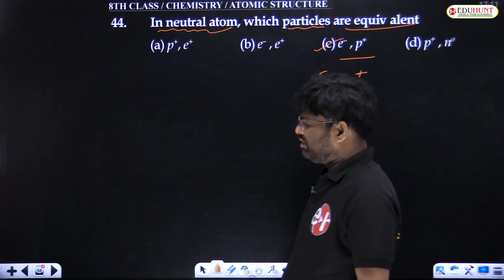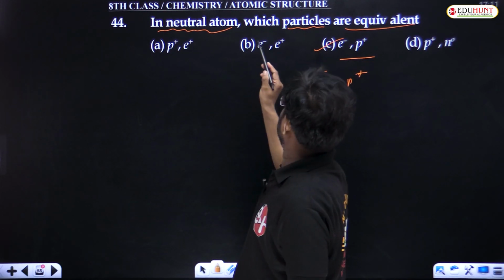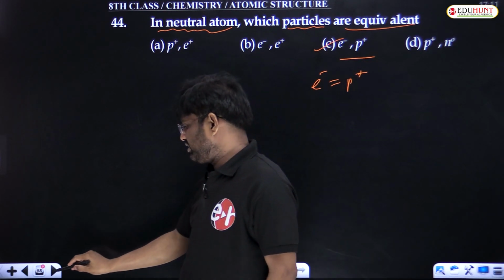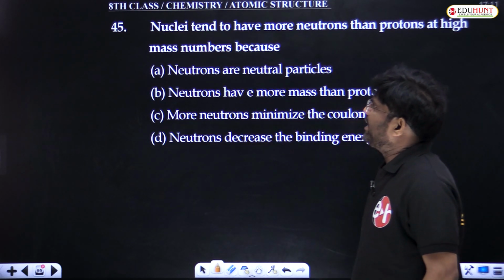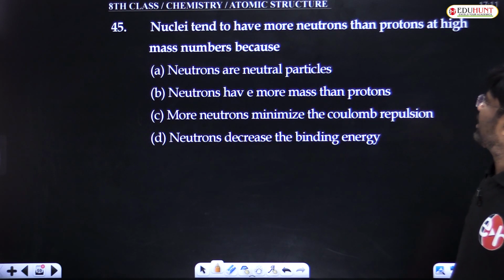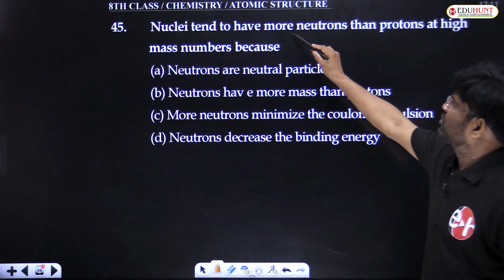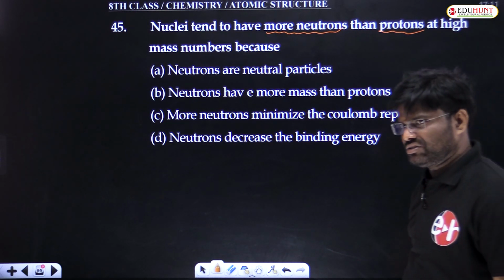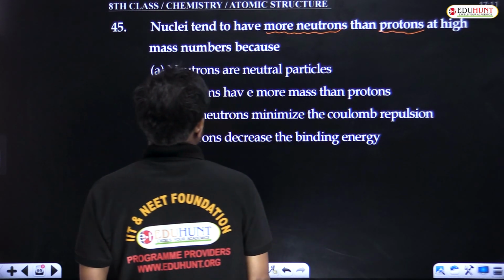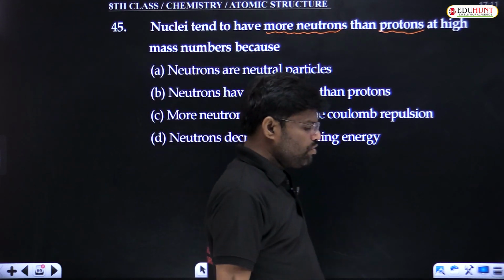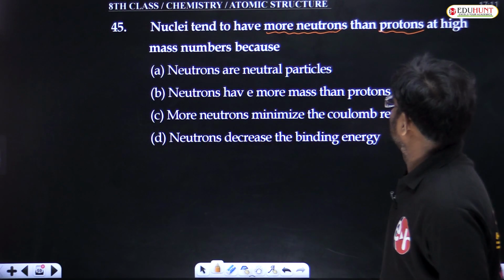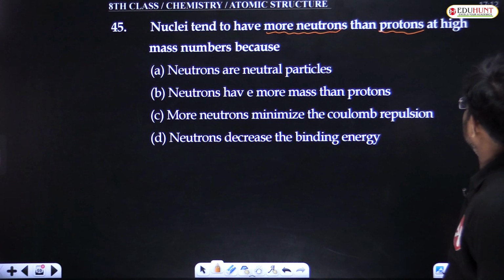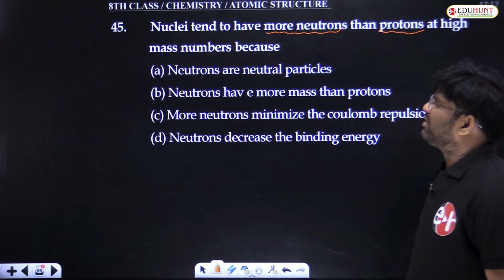Question 44, the answer is C. Next, nuclei tend to have more neutrons than protons at high mass number.